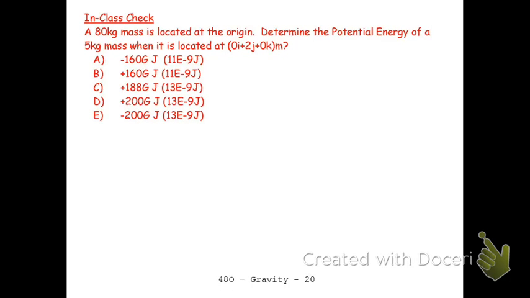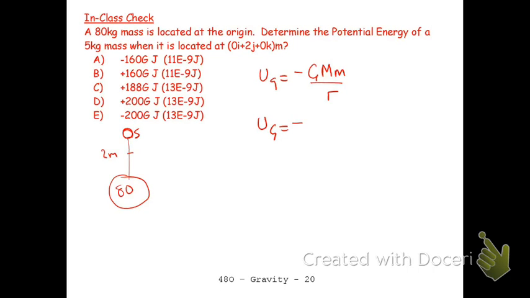15. So an 80 kilogram mass is located at the origin. Determine the potential energy of a 5 kilogram mass. So here's my 80. And here's my 5. And my 5 is at 0, 2. Again, I just use my i, j, k to get the position. That's 2 meters. U_G is equal to minus big G M m over R. So U_G is equal to minus G times 80 times 5 over 2.